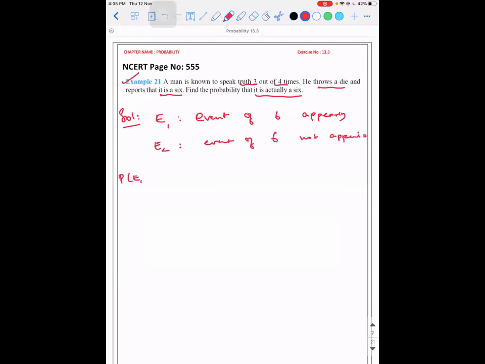So what is the probability of E1? 1 by 6. It is 1 out of 6. What is the probability of E2? It is 5 by 6, right? So they both are mutually exclusive, and they are exhaustive as well.